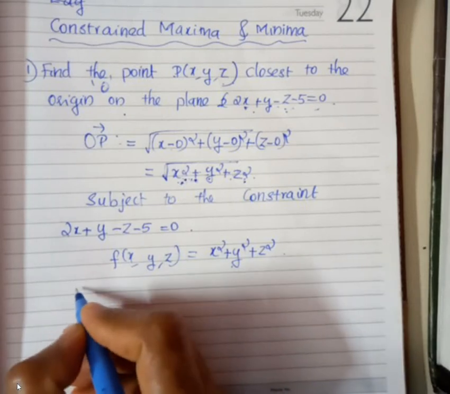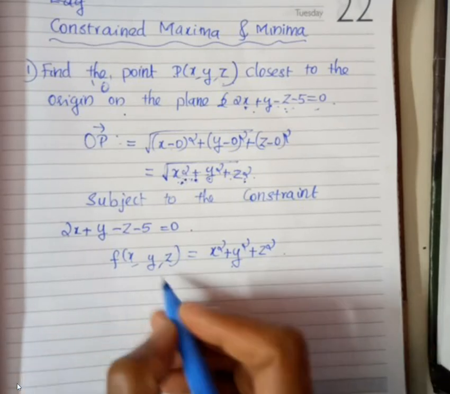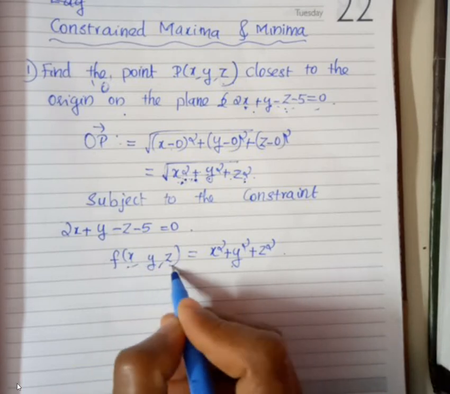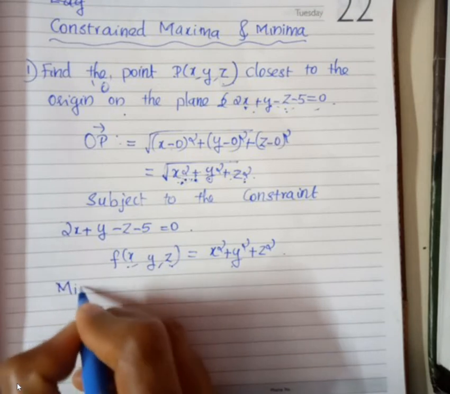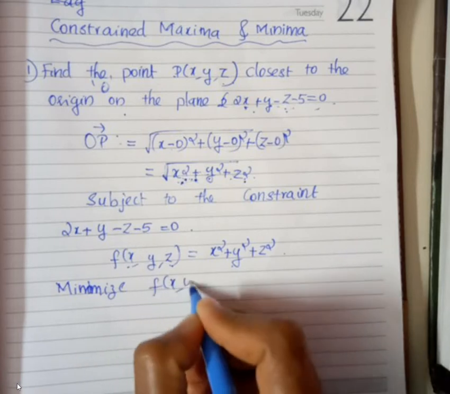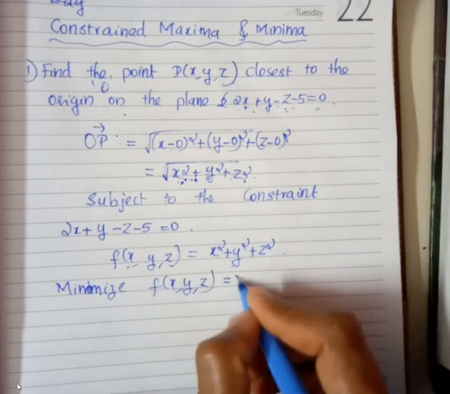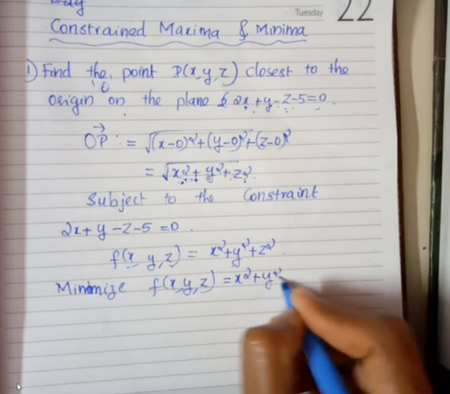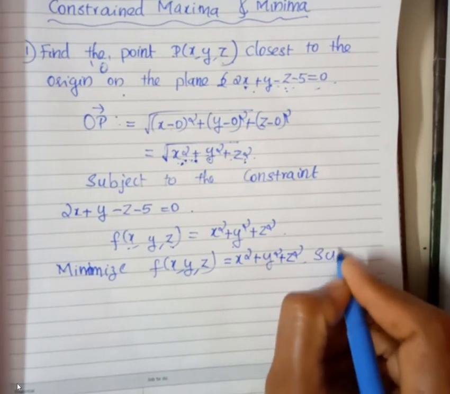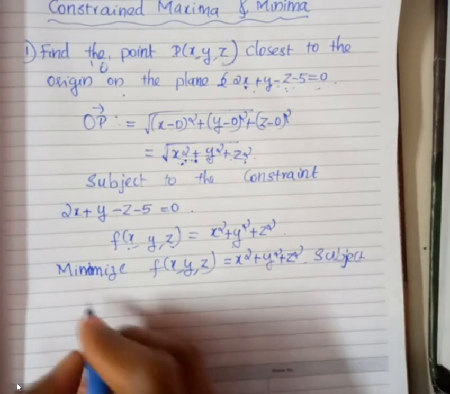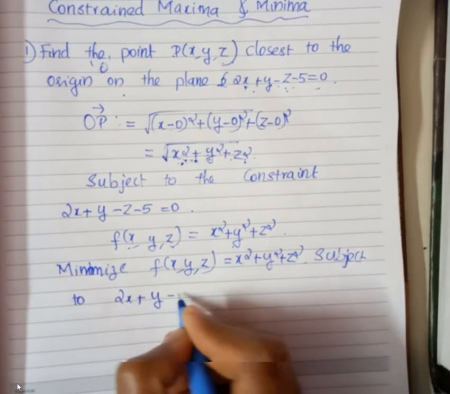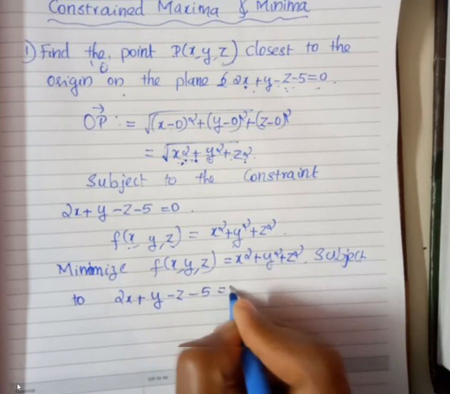Okay, so our problem is converted into this type. That is, minimize f of x, y, z equal to x square plus y square plus z square, subject to 2x plus y minus z minus 5 equal to 0.